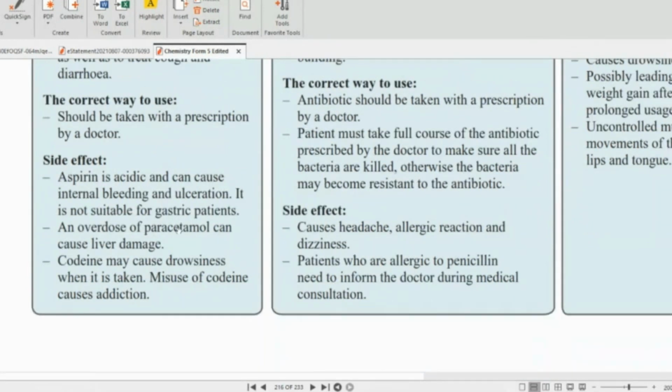Overdose of paracetamol can cause liver damage. Actually, all modern medicine, if you take excess, will cause liver damage, because the liver's function is to excrete all the unwanted chemicals. If you keep letting the liver overwork, then it will be damaged. Codeine may cause drowsiness, and misuse of codeine can cause addiction.